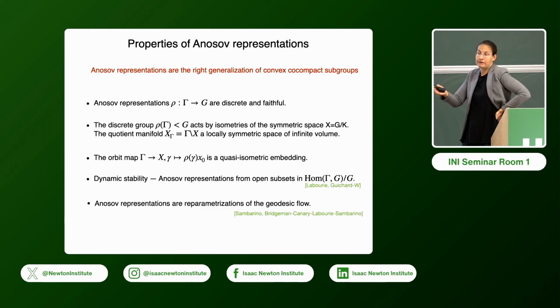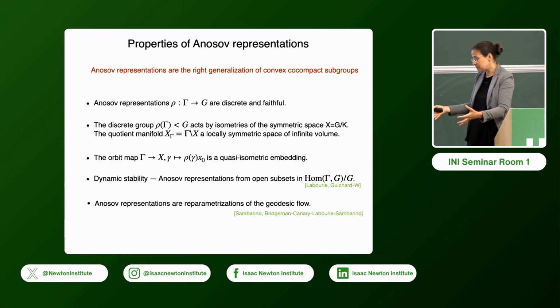This group acts, as any discrete subgroup, by isometries on the symmetric space, but if you're not in the rank 1 situation, it's always an action which has infinite co-volume.